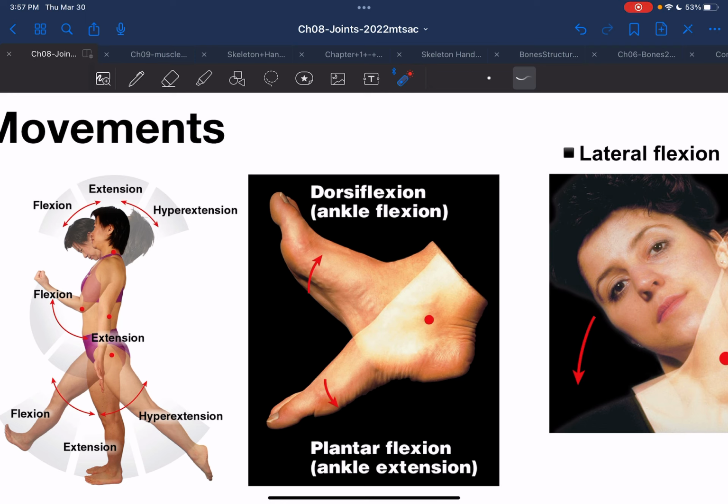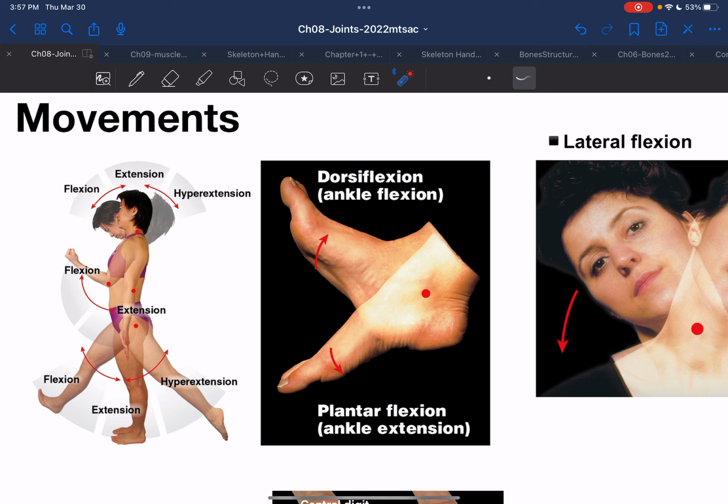It has flexion, extension, and then hyperextension. So there's a little bit of range of motion, but we change the wording for the lower limb. Instead of flexion and extension, we actually use dorsiflexion and plantar flexion, which are really easy to remember because the bottom of the foot was called what? Plantar. What was this heel called?